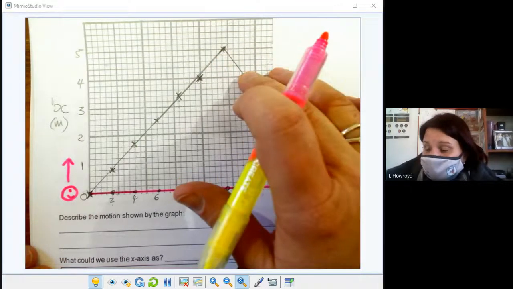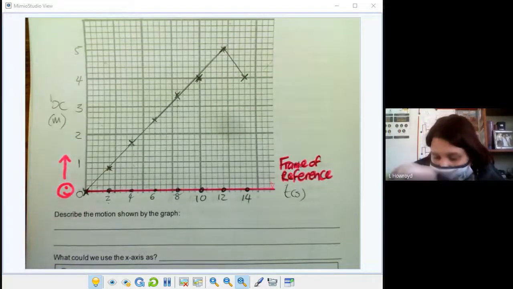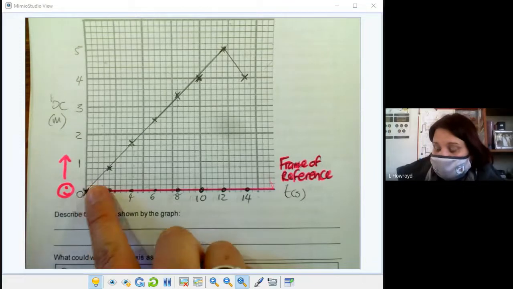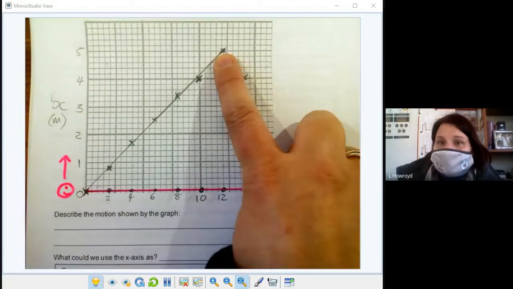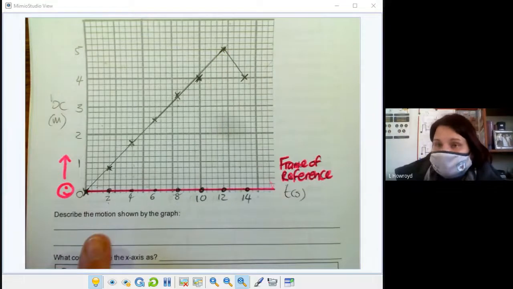I once set a question in a prelim paper where it was a position time graph, and I asked them why we cannot use this line to determine the direction. That's because this is not a vector diagram, it is a graph.